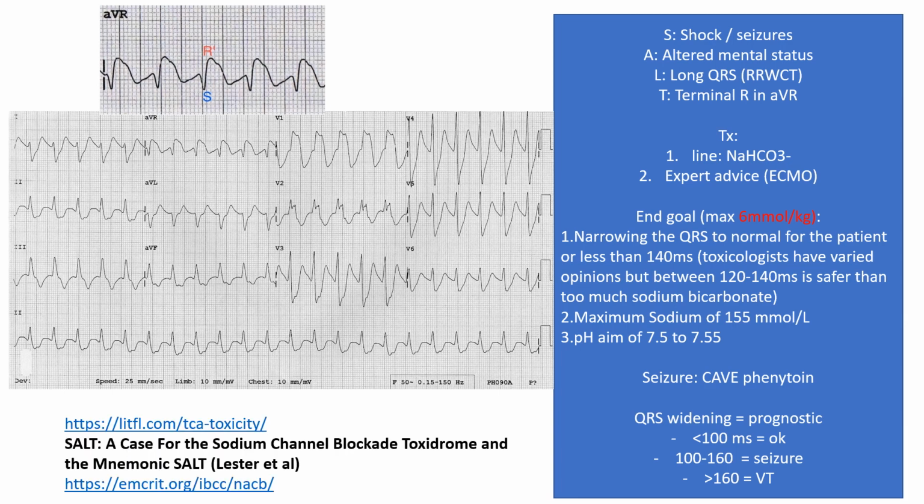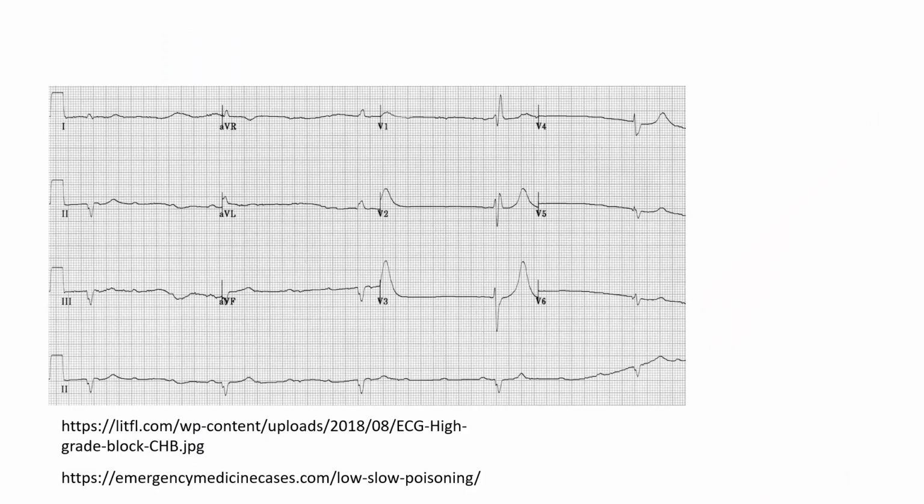All right. Here are some of the references. All right. Here we have someone who is going really slow, and there's even AV dissociation, it seems. That's kind of all I want to say about this.